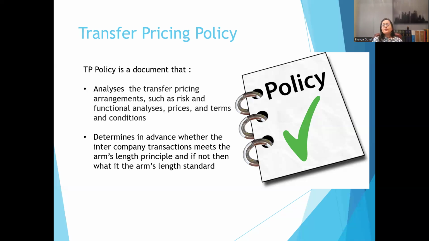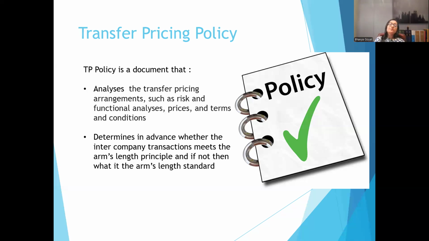So, why a transfer pricing policy document? Suppose you are planning to enter into a new international transaction. It will help you to assess what the prevalent market rates are, and to decide what rate you should fix for that transaction.